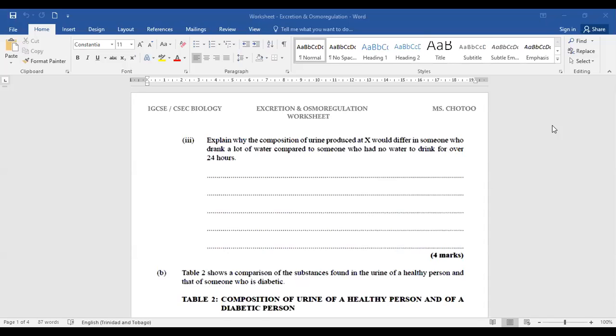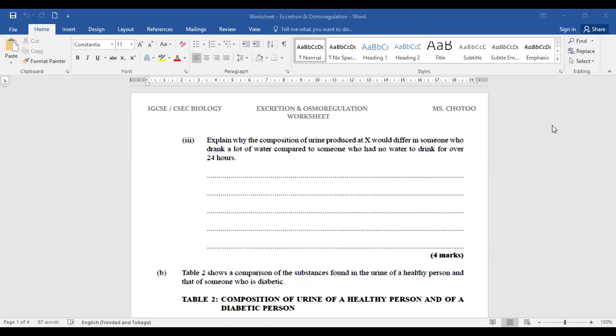You're accustomed to drinking the water and you're cleansing your bladder. And what's in your bladder? It would cleanse your bladder, like clean it out.